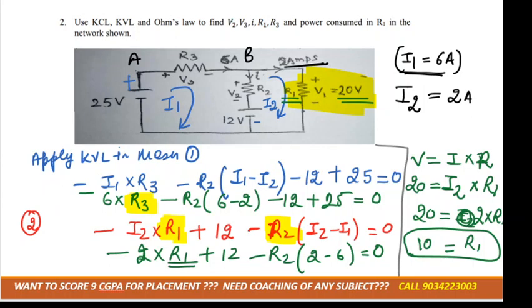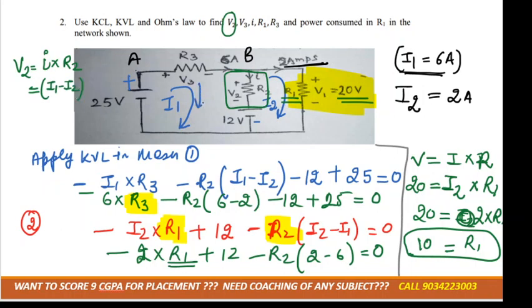Correct? Now they ask you to calculate V2. According to Ohm's law, V2 is equal to I multiplied by R2, correct? R2 value we'll get from this equation, right? And I is how much? I is equal to I1 minus I2. Why is it so?